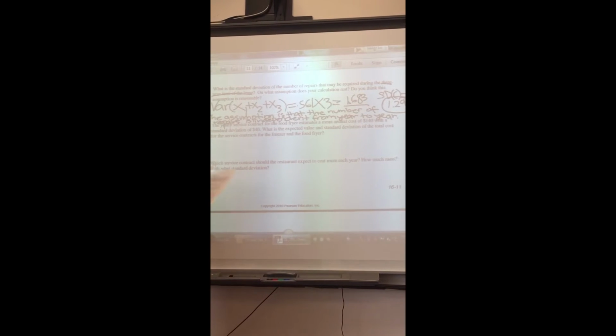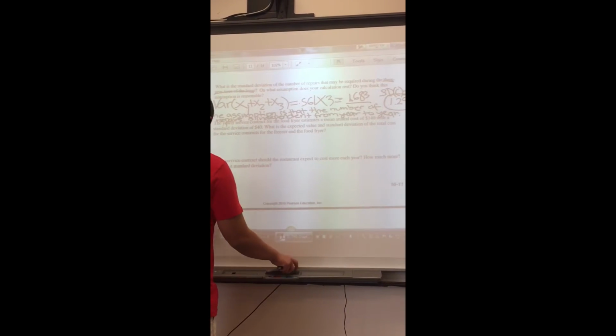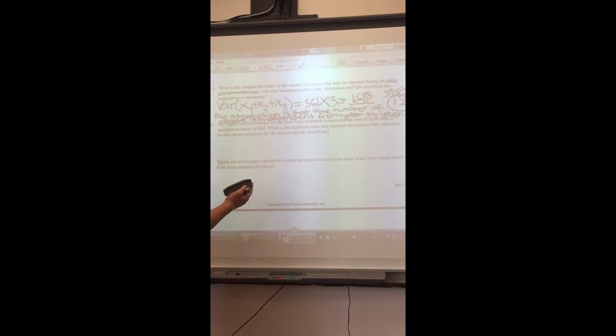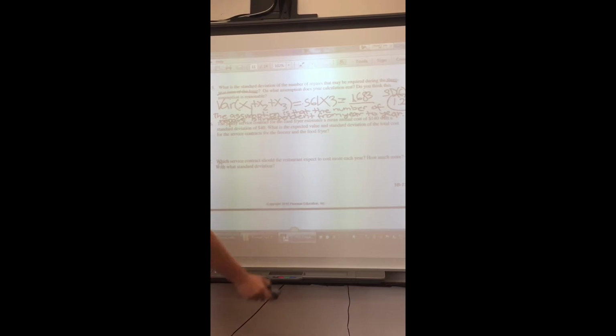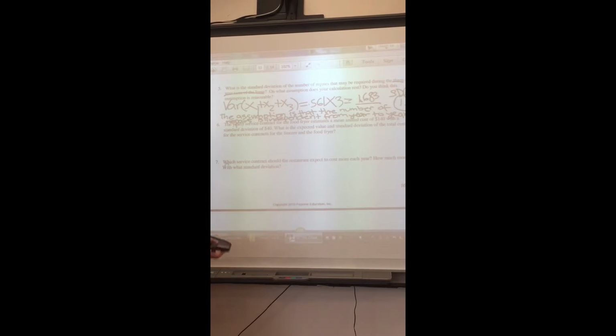So we're assuming that the repairs are independent from year to year. And do you think this assumption is reasonable? The assumption might not be correct because some freezers need more service than others.